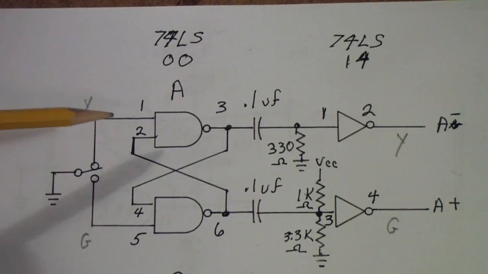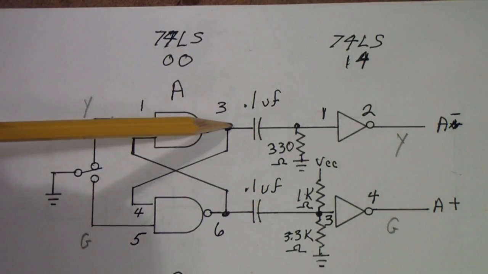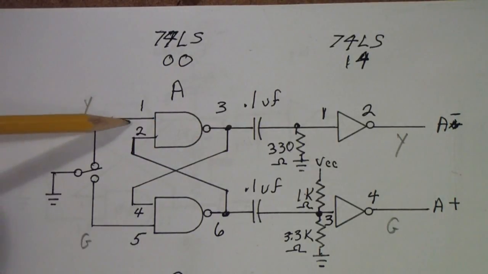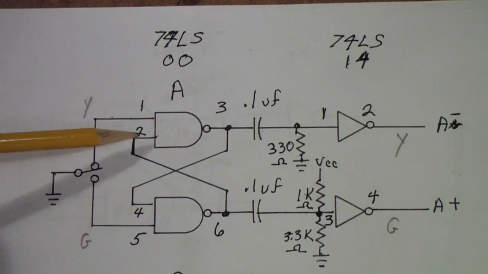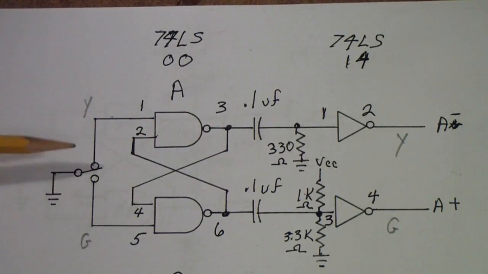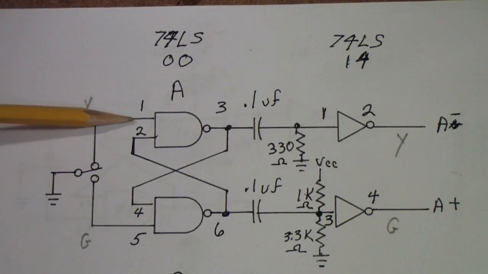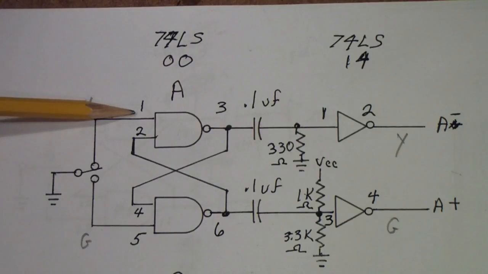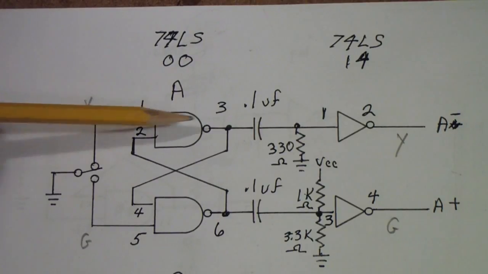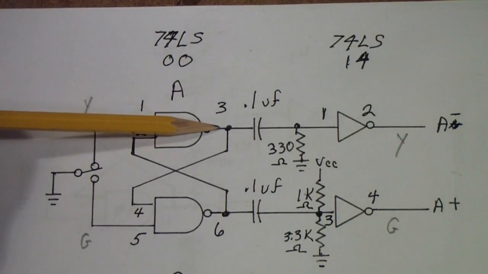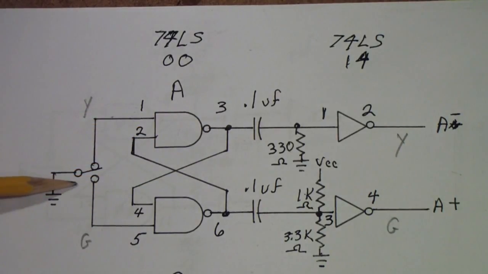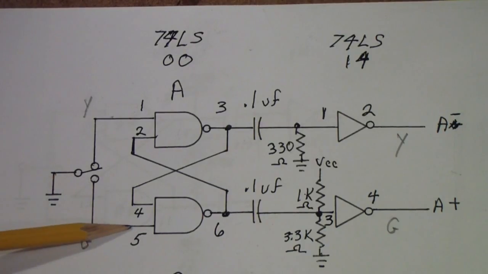If you remember, a NAND gate's output is a 1 when any of its inputs are a 0. So, if we have the switch in this position, this gate will be a 0 on pin 1. That will force a logic 1 on pin 3. Because pin 5 is floating, it's also a 1.